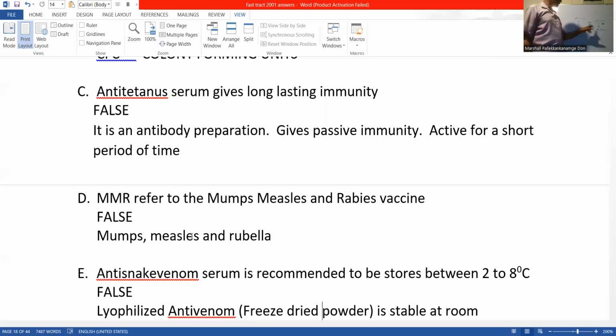So this passive immunity will diminish or go away after 1 or 2 weeks, a few weeks. Active immunity lasts longer. So this is false. D, MMR refers to mumps, measles, and rubella, not rabies.